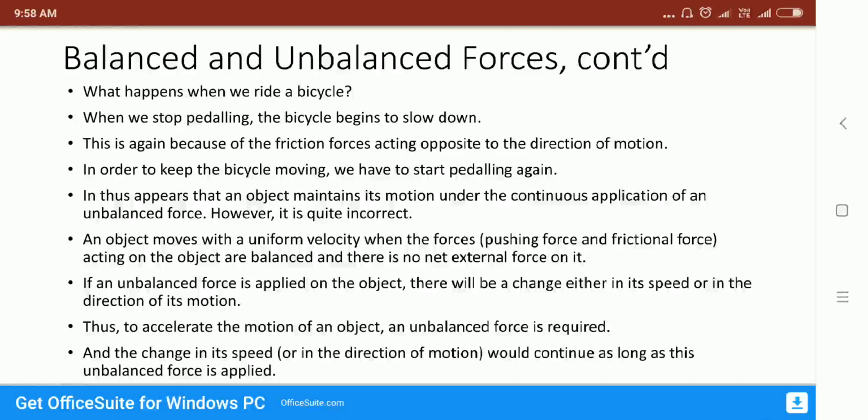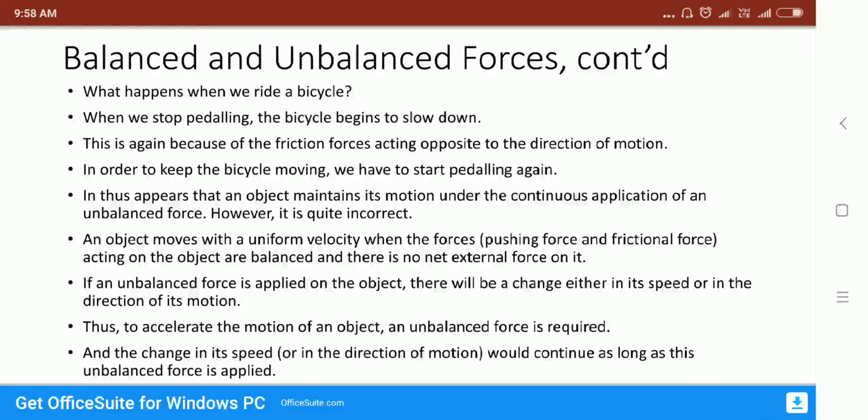One bicycle is there that we are pedaling continuously. While the pedaling is with a constant force and constant speed, the bicycle is in motion with constant velocity in a particular straight direction.